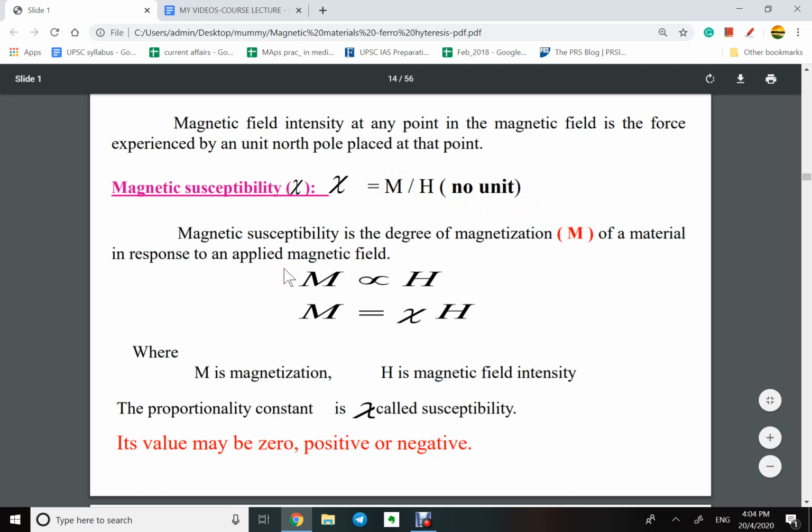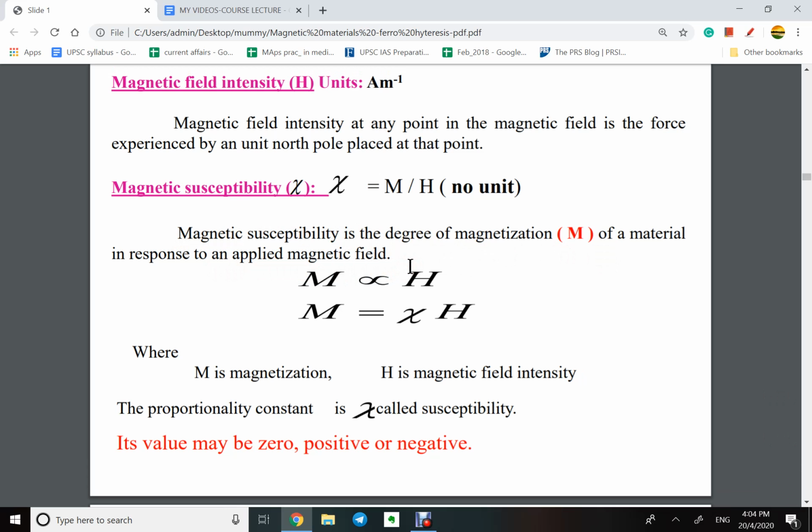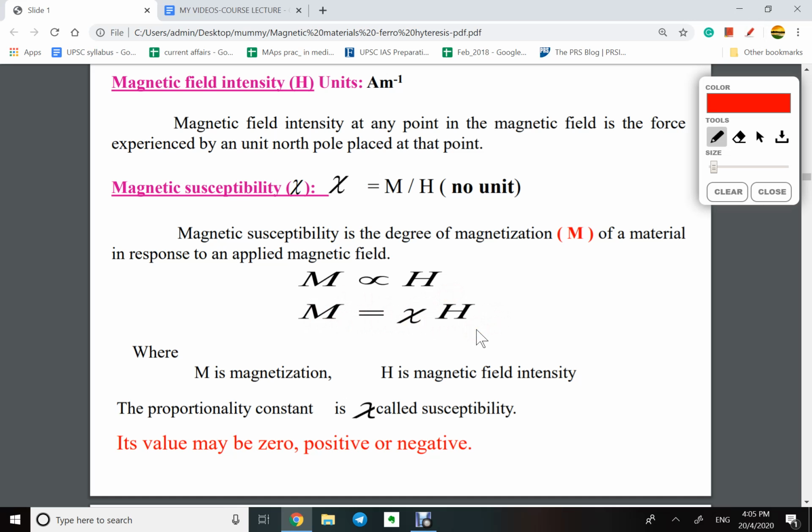Then, how will you define magnetic susceptibility? It is the degree of magnetization of a material in response to an applied magnetic field. For a given H, how much M is produced? That is chi. So, M is directly proportional to H, M is equal to chi into H. From that, you get the relation like this.